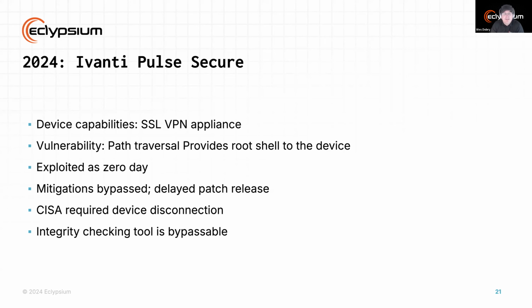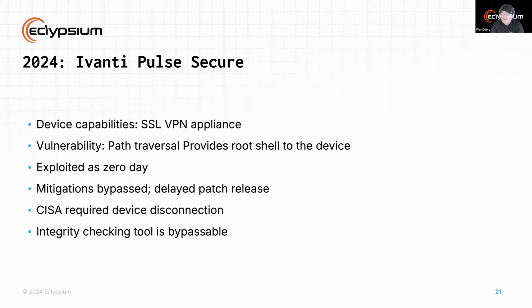Now, one of the other things that was interesting in the research of this vulnerability was that Ivanti's supplied integrity checking tool was bypassable. So you could easily create a different way of doing integrity or modifying their integrity tool, and it allowed the device to be compromised, persistence to be built into it, and then when that device ran its integrity check, would still say everything was good on it.